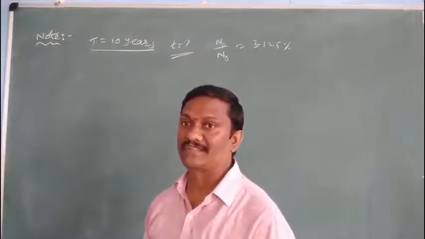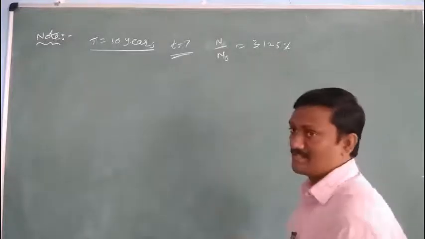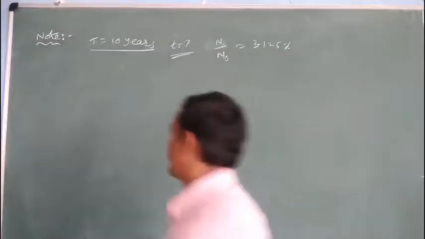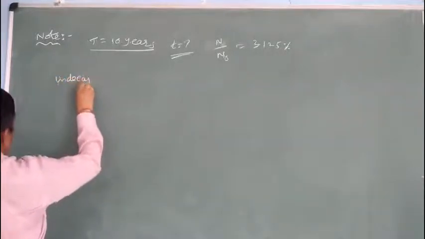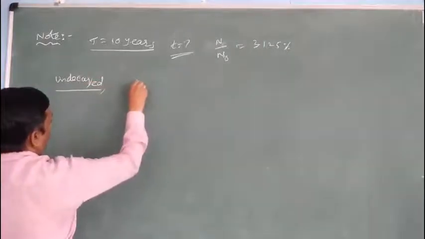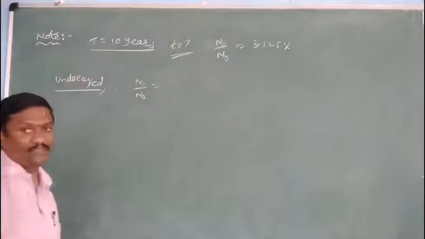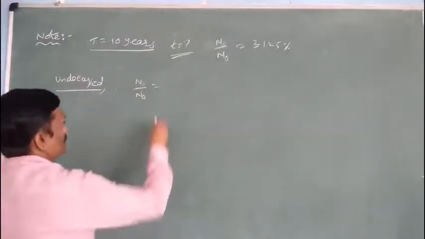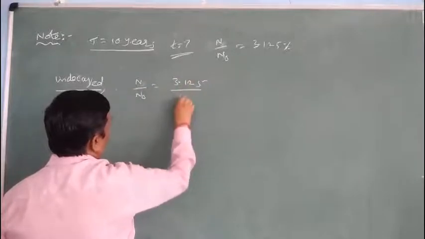After how many years does the fraction of atoms undecayed become 3.125%? Here the fraction of atoms undecayed, N by N naught, is given as 3.125%. So 3.125% means 3.125 by 100.